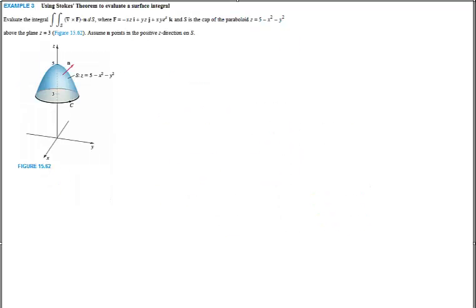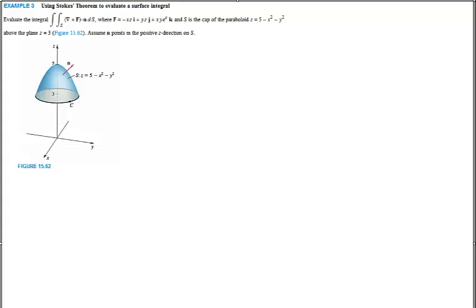Now let's look at this little cap that we have here. Our function on the surface is z equals 5 minus x squared minus y squared. It's chopped off at the z equals 3 line, and we are going to figure out the value of the surface integral.